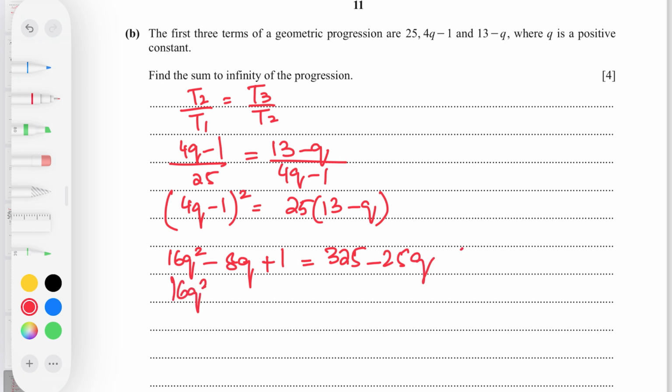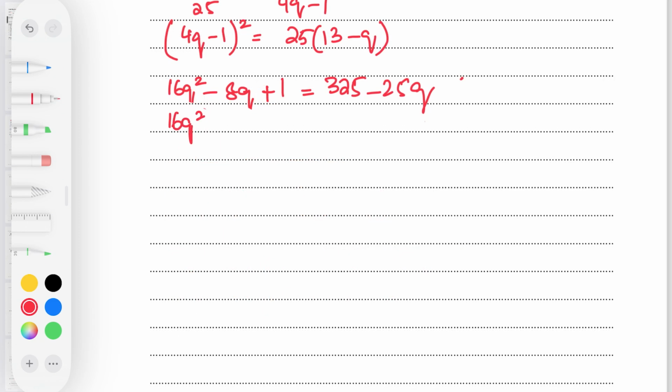Minus 8 minus 25 gives us minus 33q. Alright, 16q squared minus 8q plus 25q plus 1 minus 325 is equal to 0.